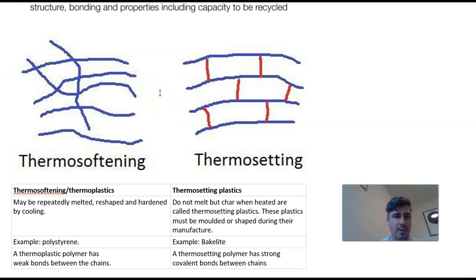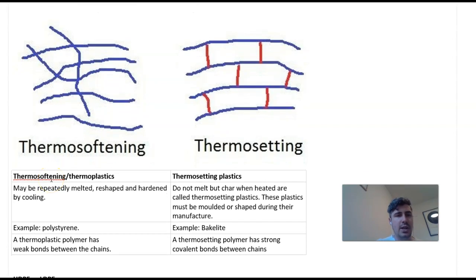This means the chains are able to slide over each other, and they're not in a fixed position as much, so it's a flexible material. It also means the intermolecular bonds between the chains are weaker, so if we need to, we can heat these up and remold and reshape them as necessary. This is really good for recycling.